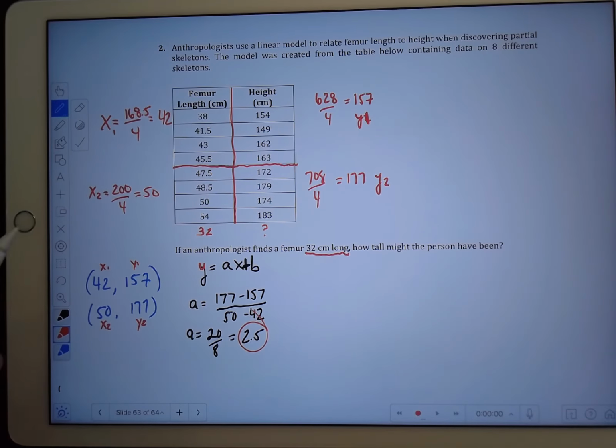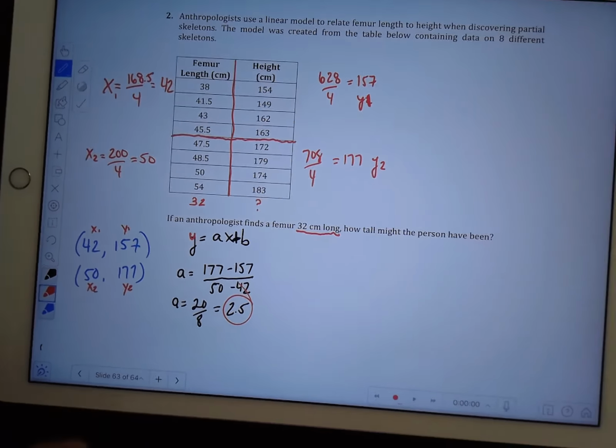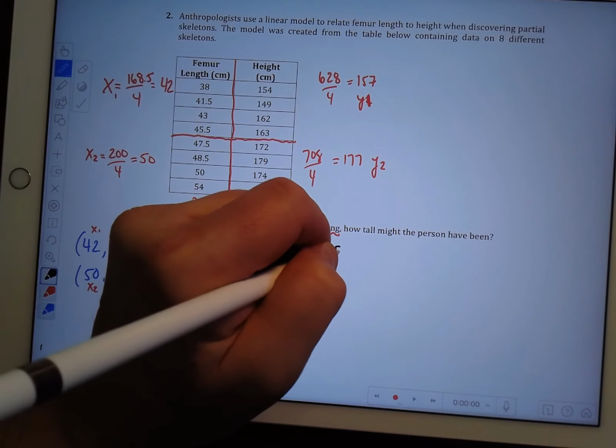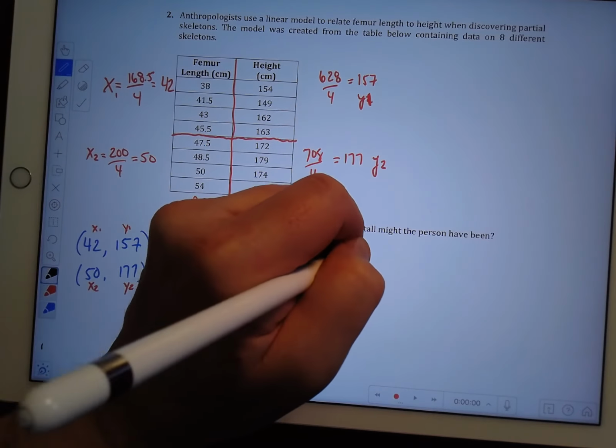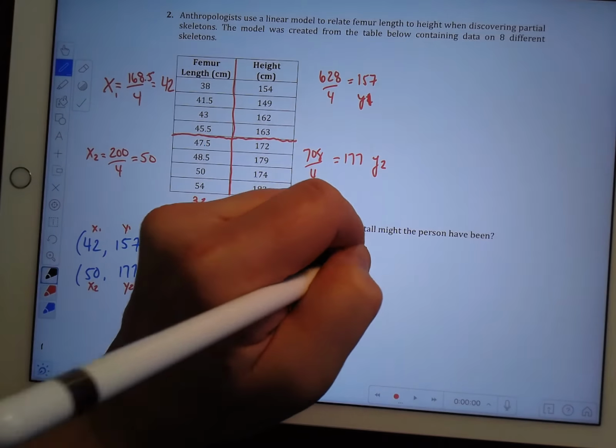And now we have to get the B, which we'll do with a little quick substitution. I'll use this x and this y right here. So 157 is equal to A, 2.5, times x, which is 42, plus b.